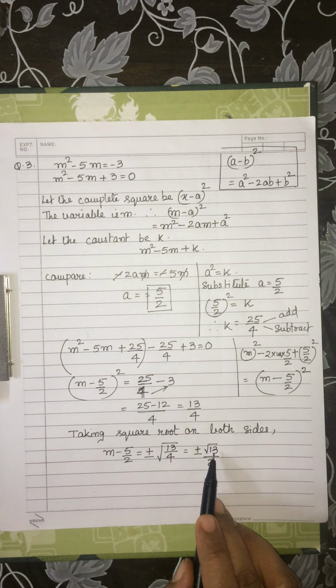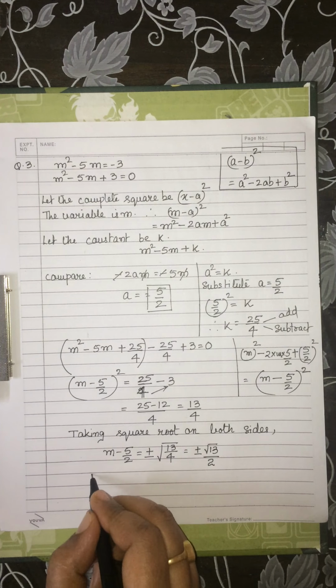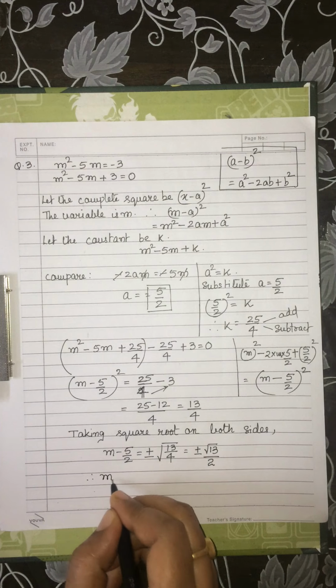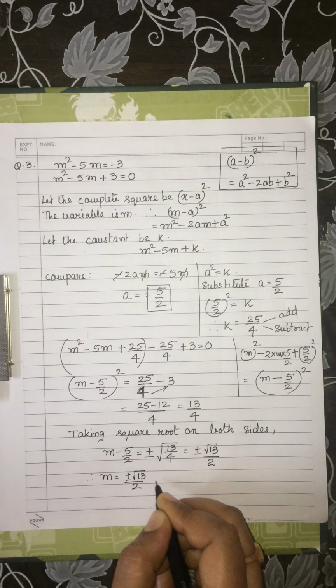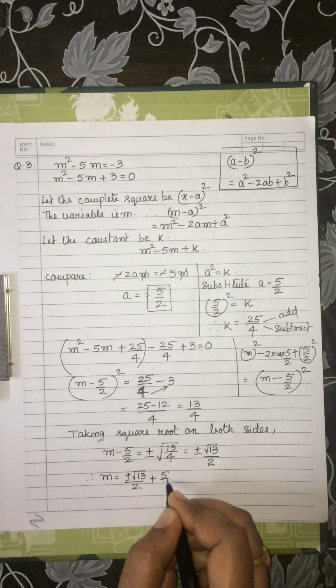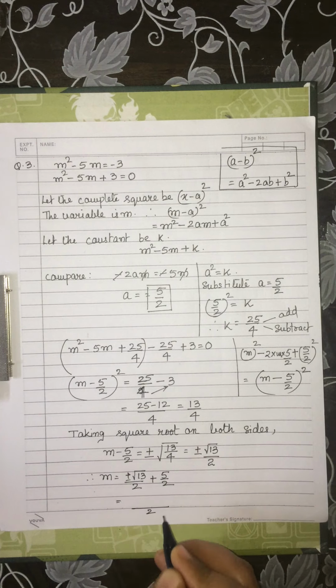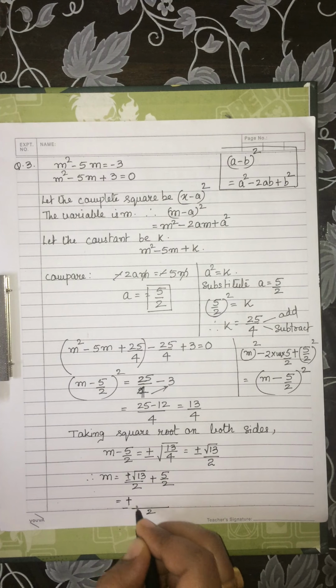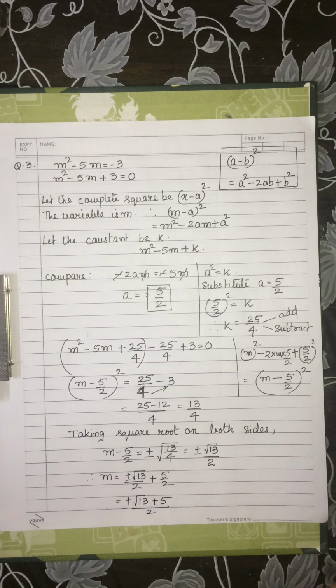Because square root of 13 is not a perfect square, we will leave it as it is, and square root of 4 is 2. Now m is equal to plus minus square root of 13 upon 2 plus 5 upon 2. So you will get 2 common LCM, plus minus square root of 13 plus 5.